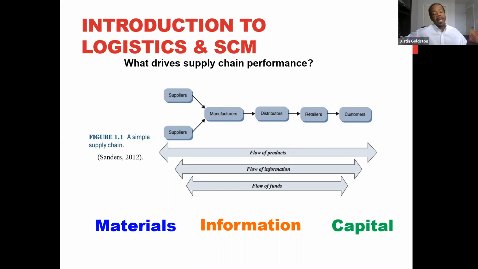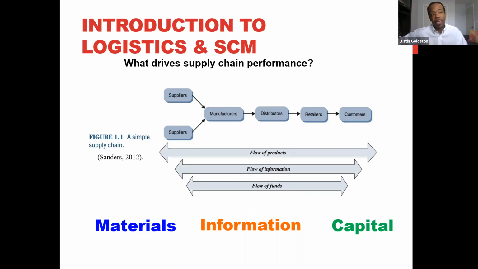So that is a high-level overview of the components of a supply chain. You can see in that particular scenario, we have the flow of products going downstream, starting at the paper pulp supplier all the way to the consumer, which is you. Once you walk into Walmart and purchase the toilet paper, you are at the end of that particular flow.